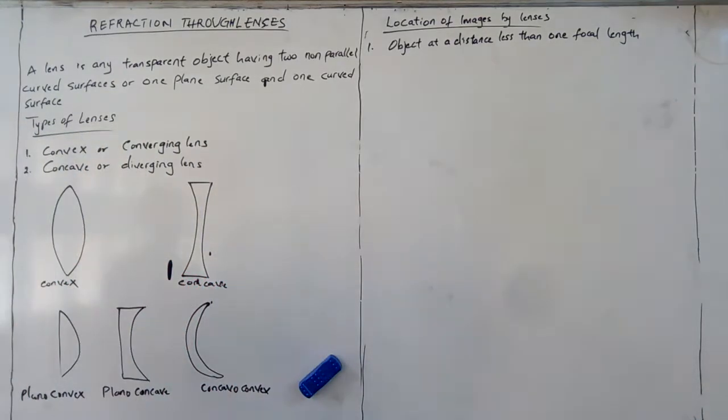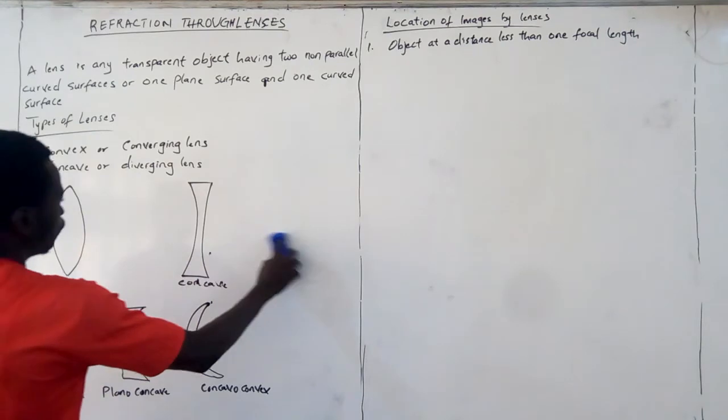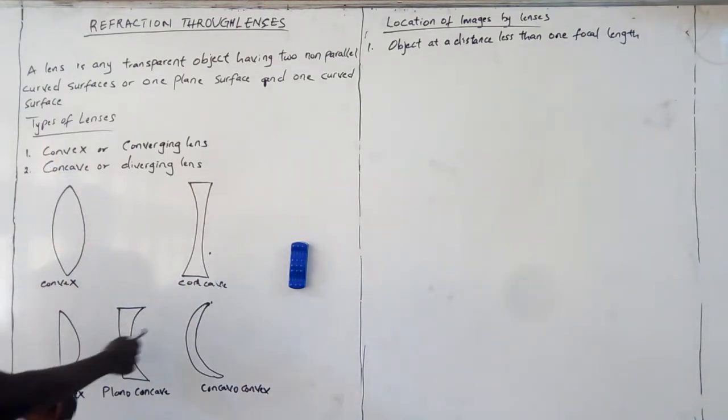Then the types of lenses, we have majorly two types, which are the convex or converging lens, then we have the concave or diverging lens. So this is a convex lens. A convex lens is thinner at the edge.